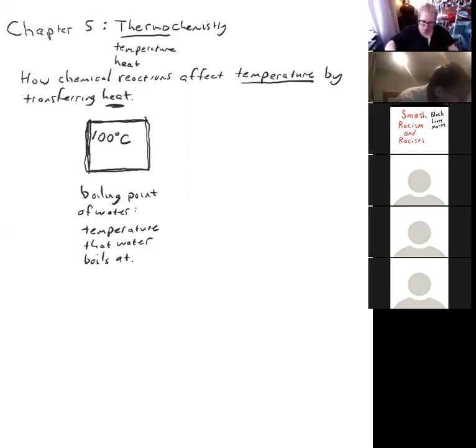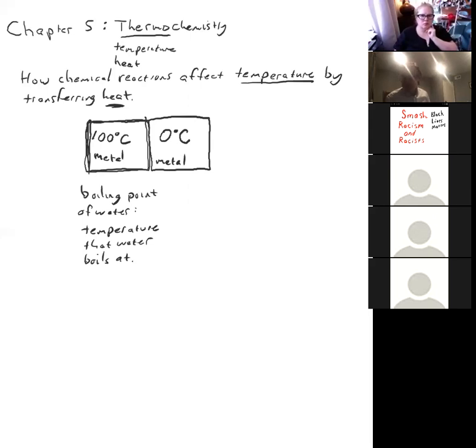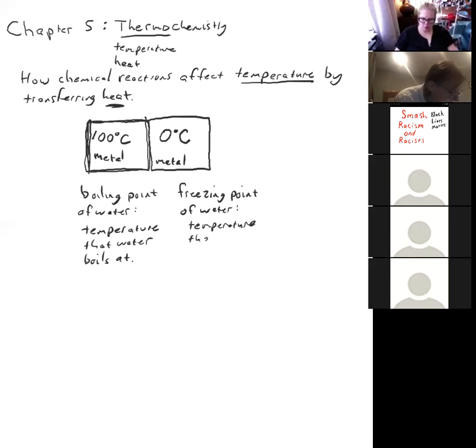And then I put it in contact with another piece of metal, and this one is at 0 degrees C. That temperature is special too, because 0 degrees C is the freezing point of water, the temperature that water freezes at under normal conditions.